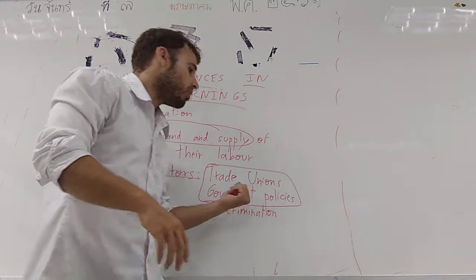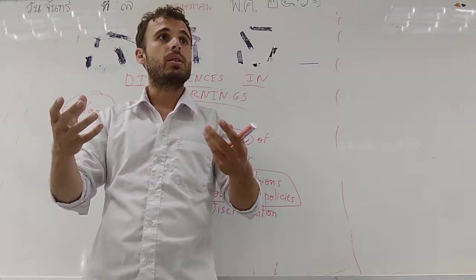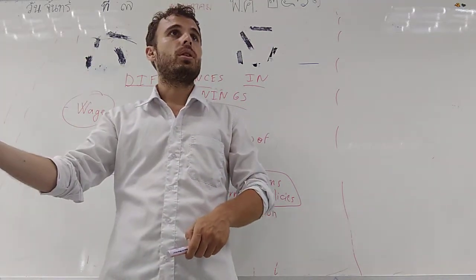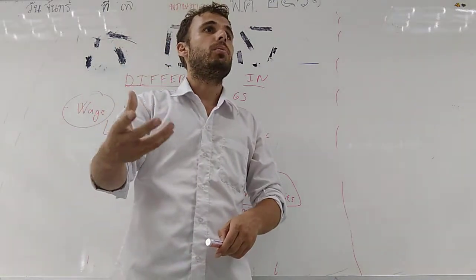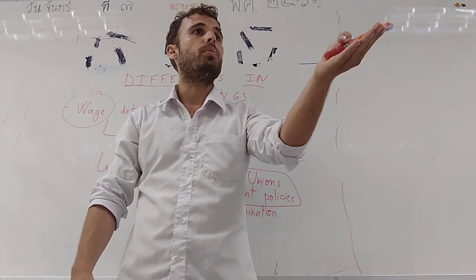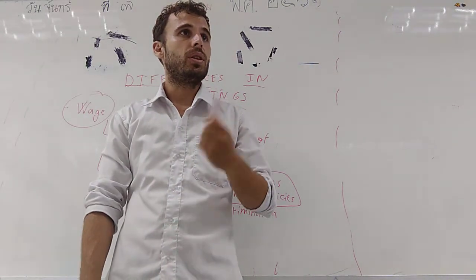That's why you need trade unions. You need organized organizations where the workers in the company represent the voices of the workers to fight against the entrepreneur. Because one by one, you cannot do it. If you say no to the job, I don't care because I have more people working for me. Do you understand the concept?